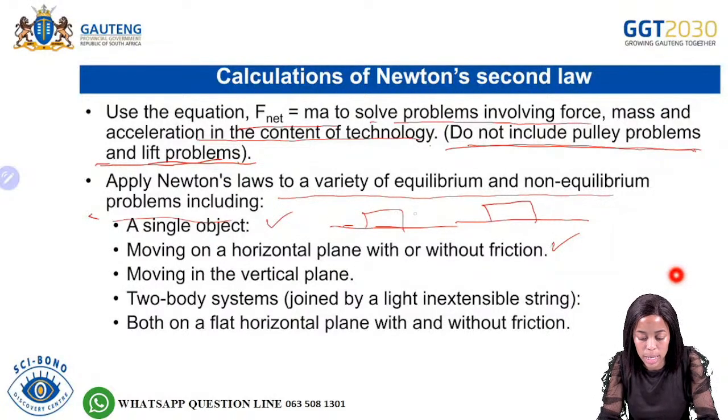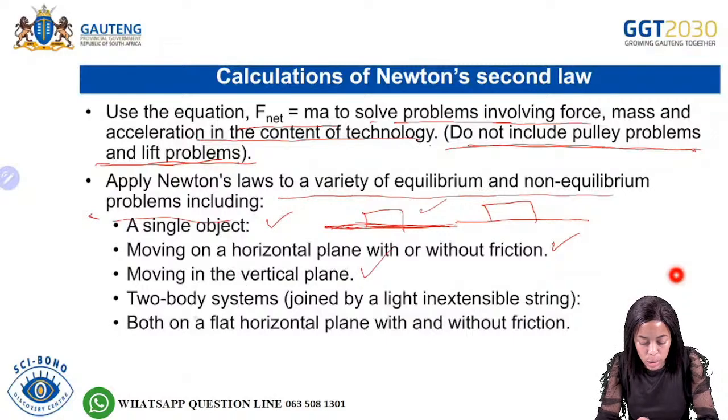So again, we can have a single object that is moving on a horizontal plane. So that is your x-axis. And then this object can have friction, or it can be without friction. Then we can have again a single object or two objects that are moving on a vertical plane, that is along your y-axis.